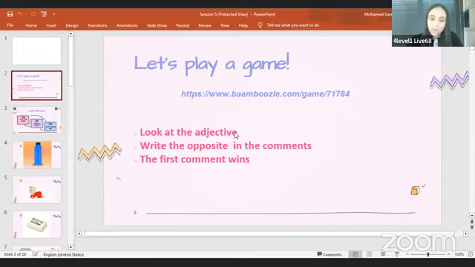Adjectives are words that we use to describe. So in the game, I will show you some adjectives, and in the comments, I want you to tell me what is the opposite of the adjective that you will see. And the first one who guesses the opposite is going to be the winner of the game.